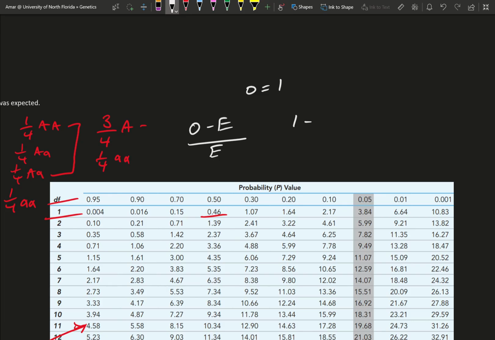So our observed value is very, very close to equal to the expected value. If you do this calculation, you're going to get a number that is very close to 1.